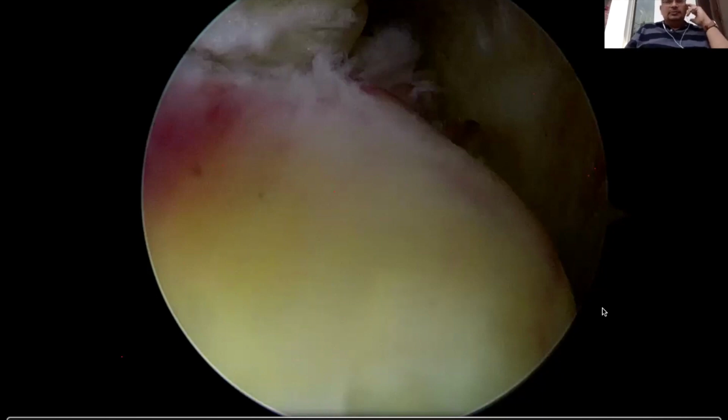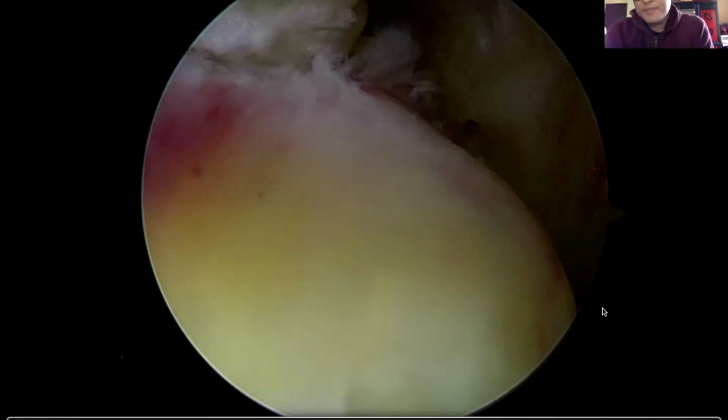So our protocol is repair only in those cases when there is a little bit of bone chunk. In this case, I'll do a repair as well as augmentation with the hamstring graft. So it will be kind of a remnant preservation. I'll try to preserve everything and do an ACL reconstruction.